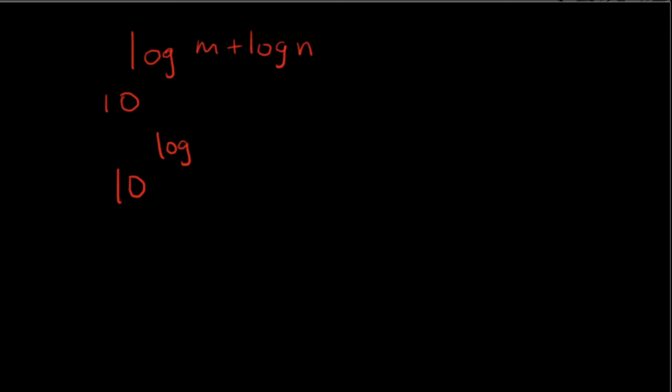In this case, we'll multiply the m and n. Because the log has base 10 and this is 10, those agree, so we can cancel those out and get mn as our final answer.